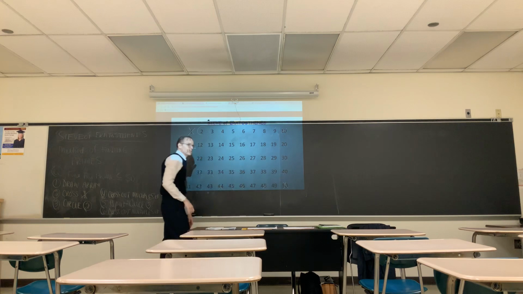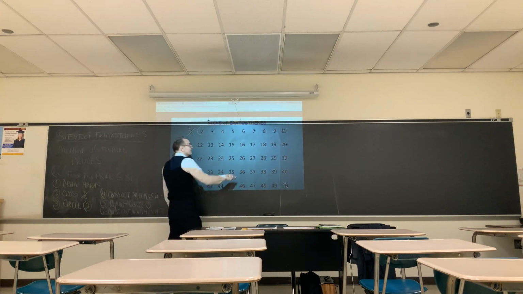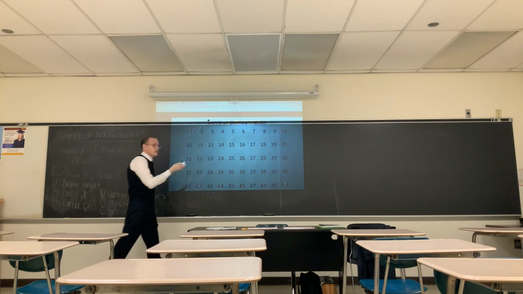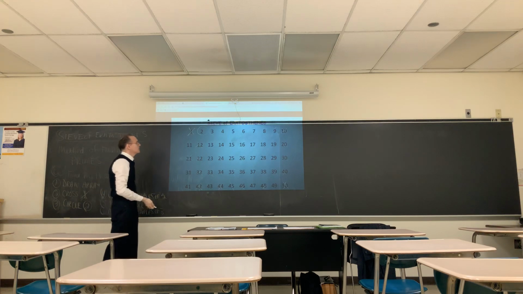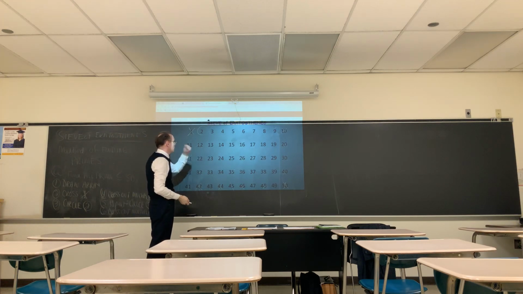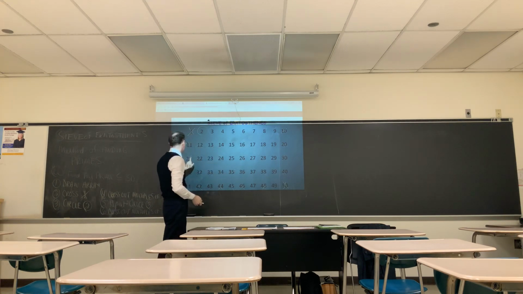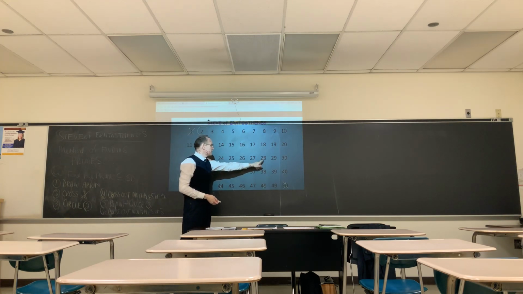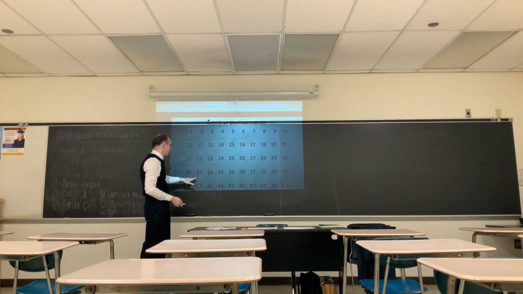Next prime is 7. All right, cross out multiples of 7. 14 already done, 21 already done, 28, and 35 and 49.